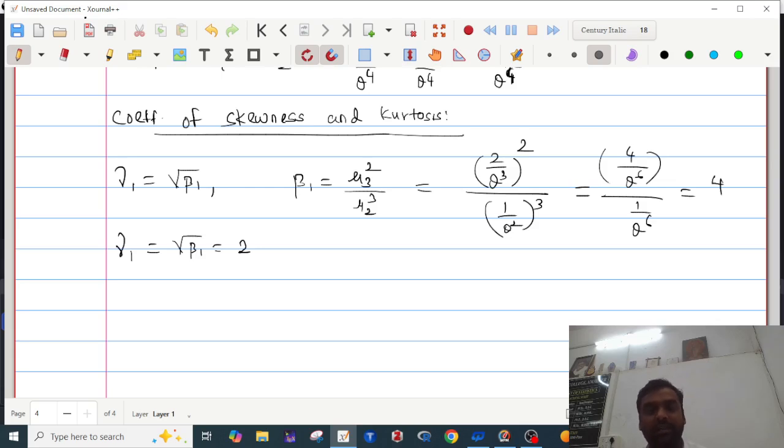Therefore we can interpret that the distribution is positively skewed. And why do we take this as a positive value? Because the xi's are positive here. Therefore the exponential distribution is positively skewed.